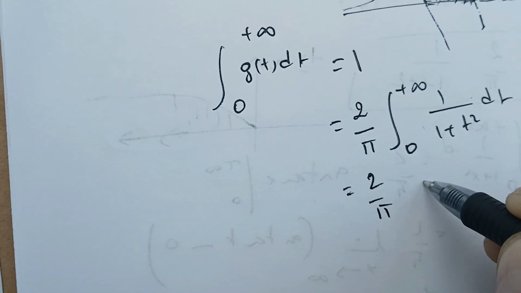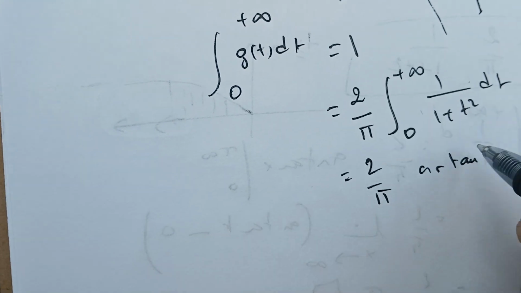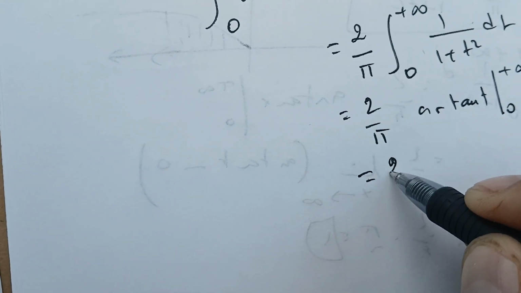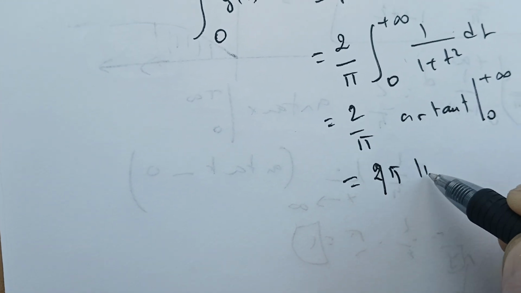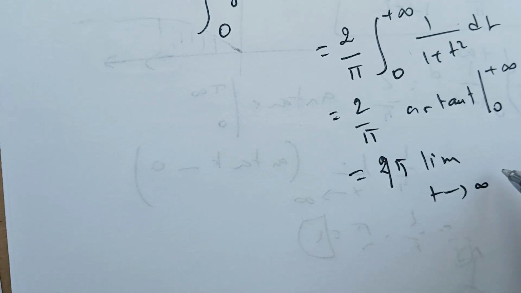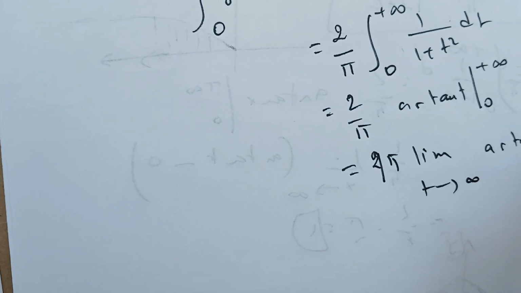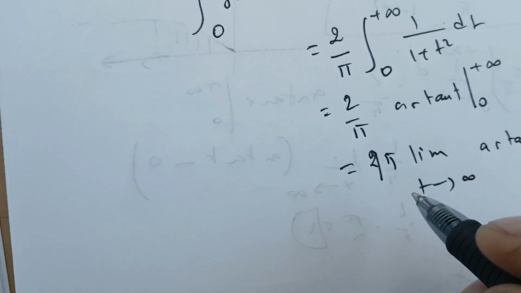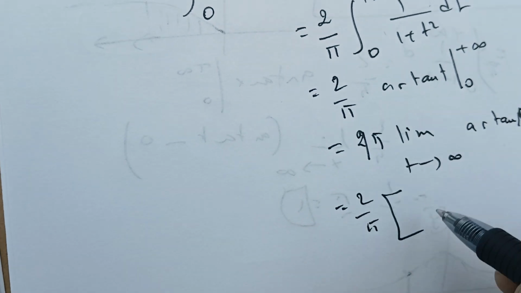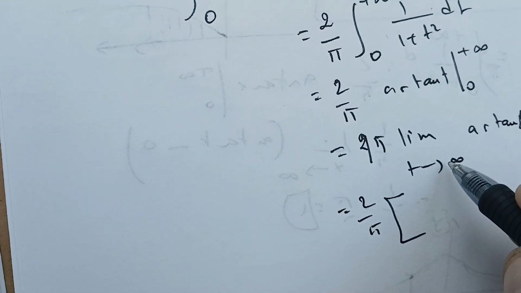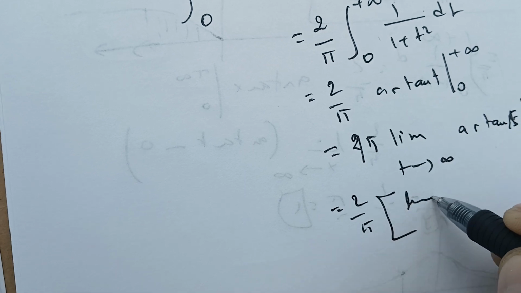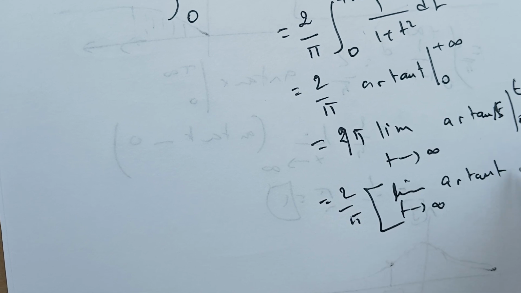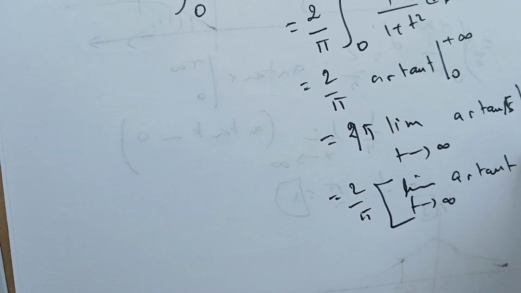So this is 2 over pi times arctangent of t between 0 and plus infinity, or in another notation, 2 over pi times the limit as t goes to infinity of arctangent t, minus the arctangent of 0, which is 0.